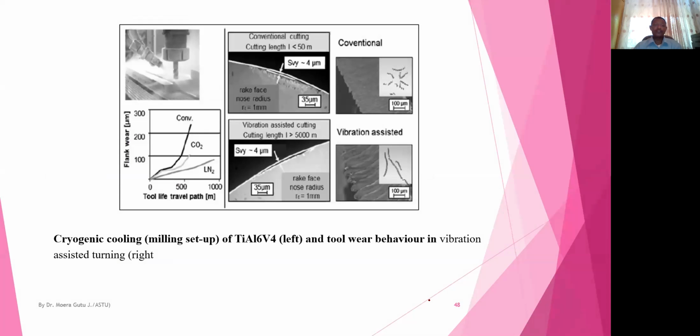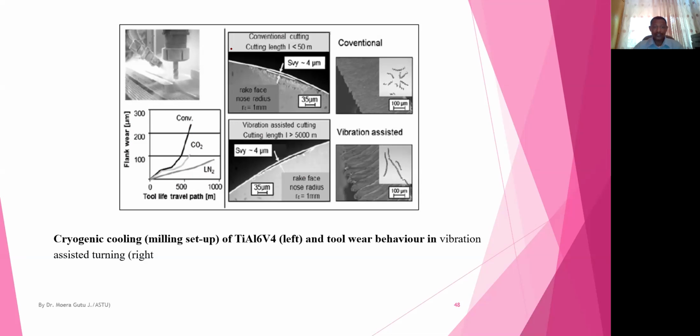The other one is, for example, tool life travel paths and the flank wear. For conventional machining, CO2 (carbon dioxide) laser machining, and LN nitriding process, the two life travel paths show increasing flank wear in micrometers.